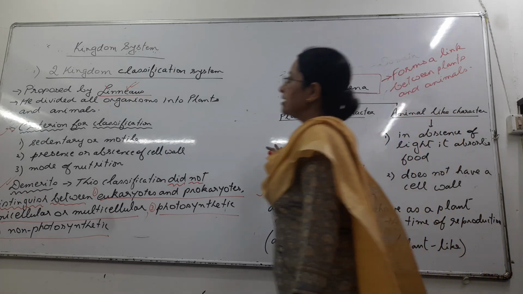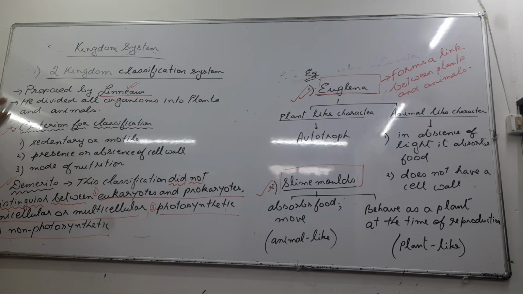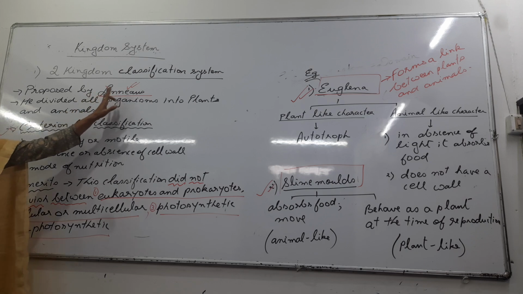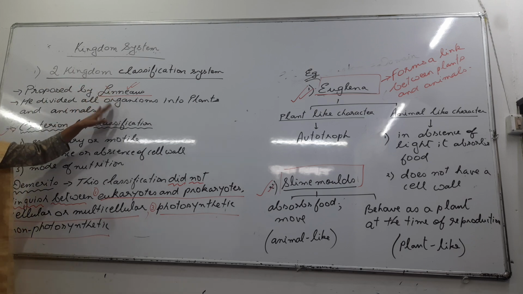Okay. So talking about the two kingdom classification, everything is important over here. So first question, who has given it? Linnaeus. What are the two kingdoms? Plants and animals. So what did Linnaeus do? All the organisms that were present were divided into either plants or animals. On the basis of what?